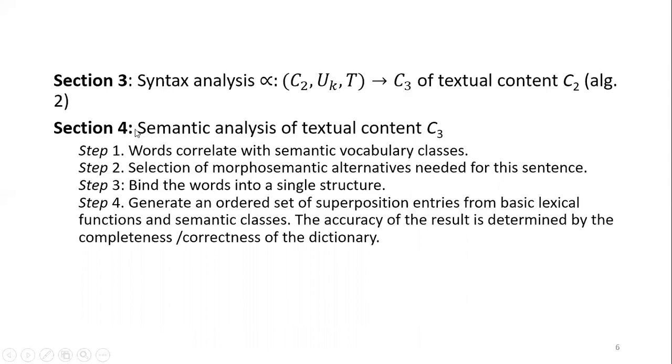And in section 4, we make semantic analysis of this textual content C3. We correlate those keywords with semantic vocabulary classes. We generate the ordered set of superposition entries from basic lexical functions and semantic classes. We verify those keywords using a dictionary.